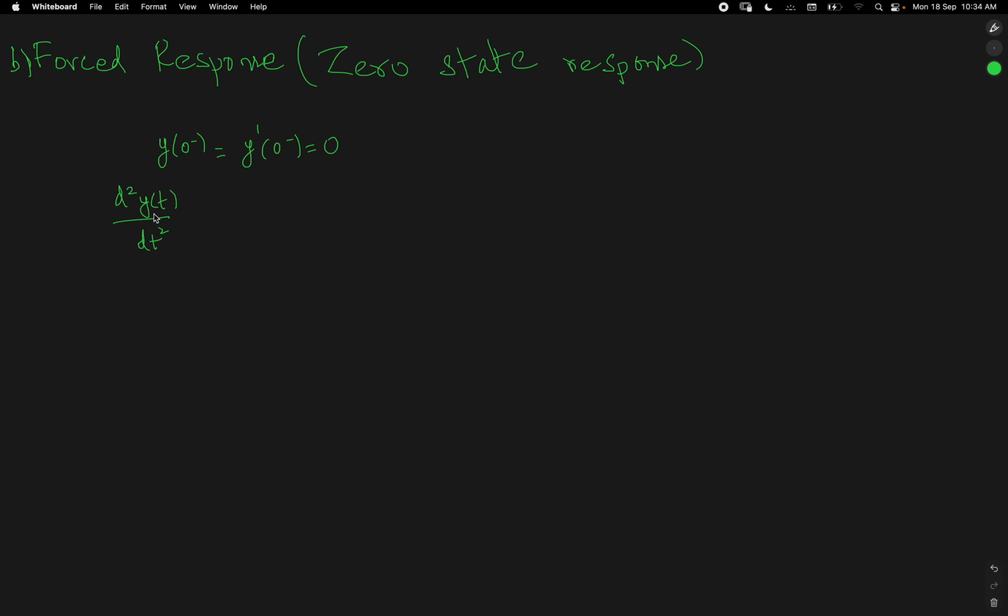In this case, since it is the forced response, we write y of t as y f of t, plus 5 d y f of t divided by dt, plus 4 y f of t, equal to dx of t divided by dt.